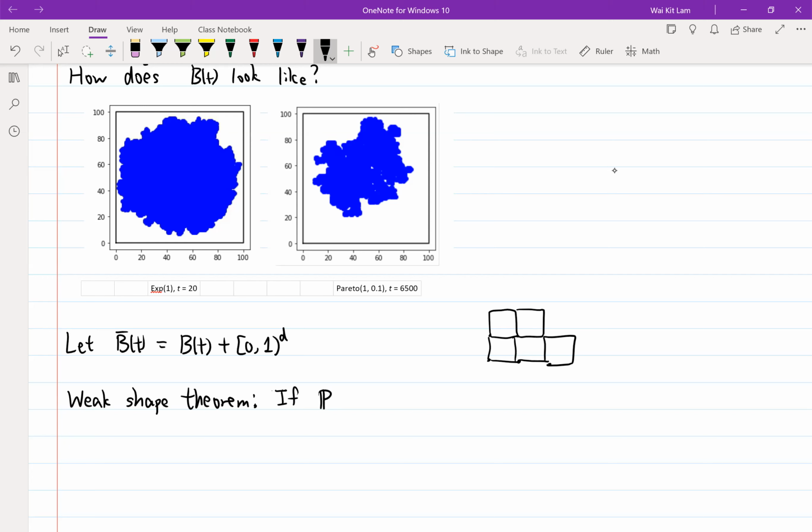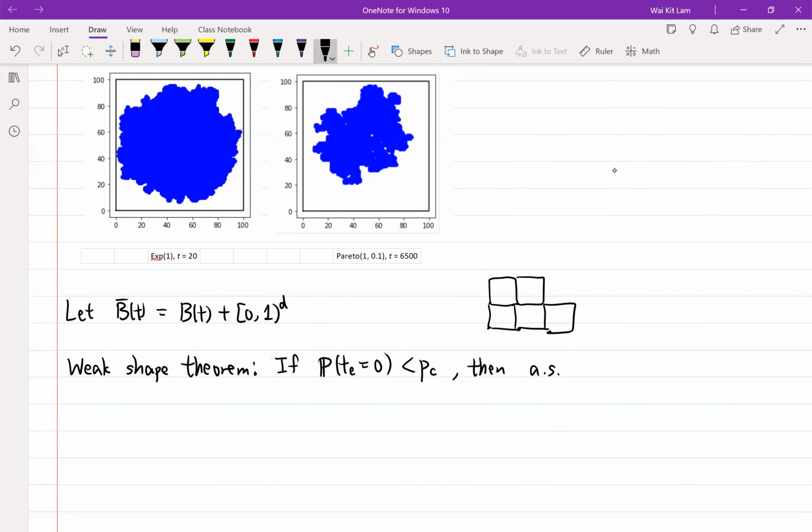If the probability that t_e is 0 is less than p_c, where this p_c is the critical threshold for Bernoulli bond percolation, then almost surely, if you rescale this B bar by 1 over t, and then you look at the symmetric difference of this rescaled B(t) with some set B and look at the volume, then as t goes to infinity, the volume of the symmetric difference goes to 0.